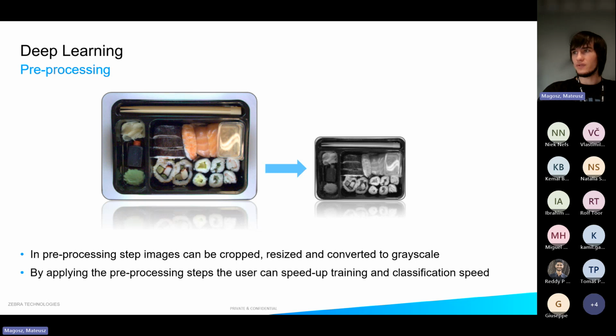So if you think that you don't need color, don't use color, use a monochromatic camera. If you think you can reduce the size, you can do it after image acquisition, for example, but you can also do it in the model training. It's up to you, but you can prepare the image before putting it into deep learning.